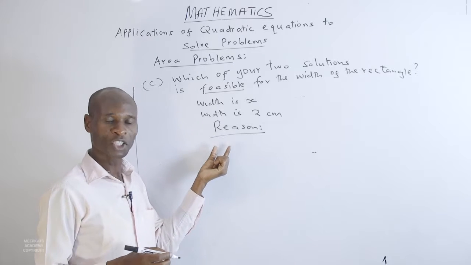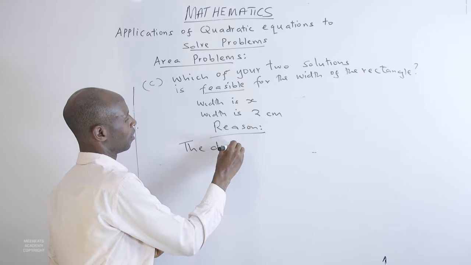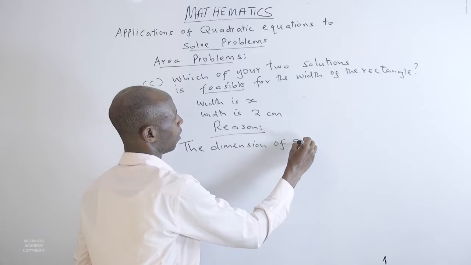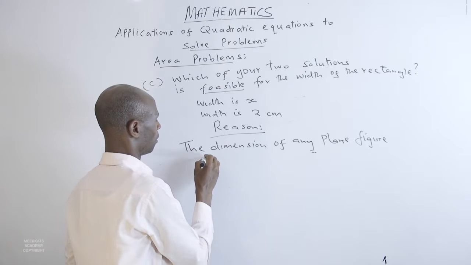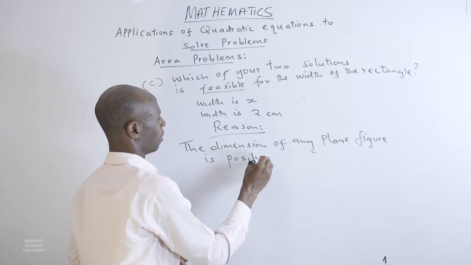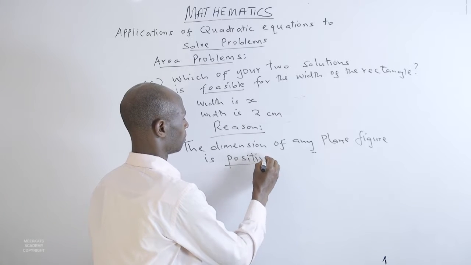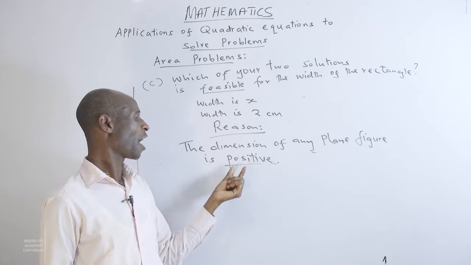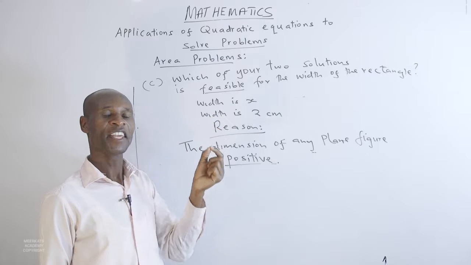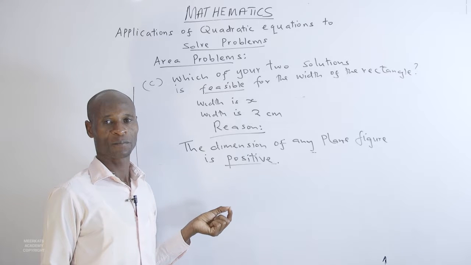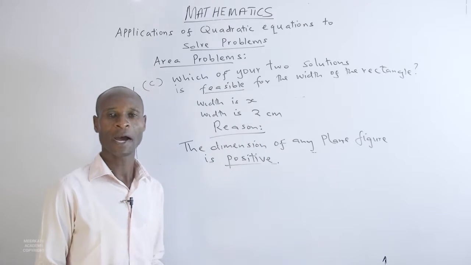The reason is the dimensions of a plane figure are always positive. The dimension of any plane figure is positive, and therefore we take x is equal to 2 to represent the width and ignore x is equal to -4, because dimension of a figure cannot be negative. So that is the solution for part C.